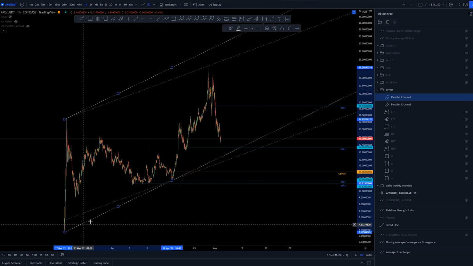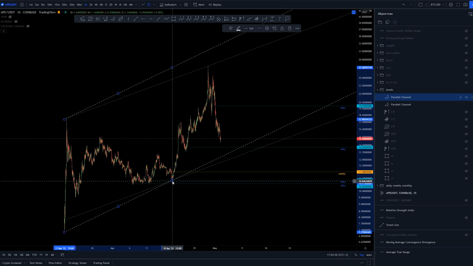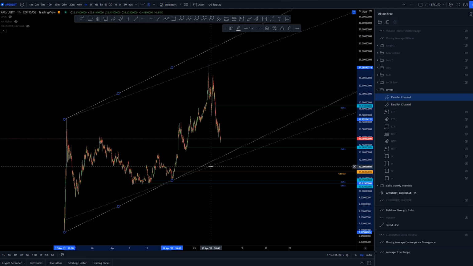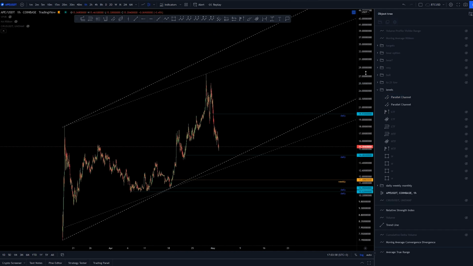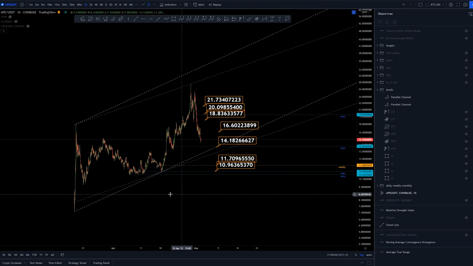Another one is this white one here, 17th of March to 18th of April, and bring it up to the highs of 18th of March. Again, another channel to look for. Let's see if we have some targets around this one.